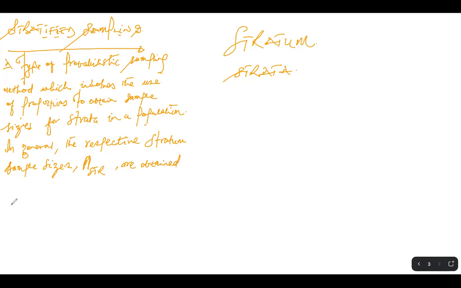The stratum sample sizes are obtained proportionately as n_str equals big N_str over big N, times n.